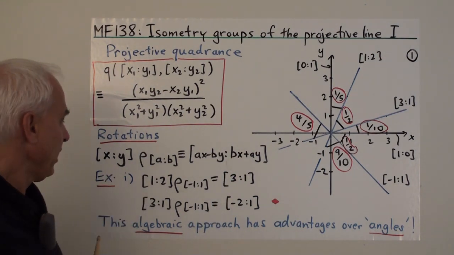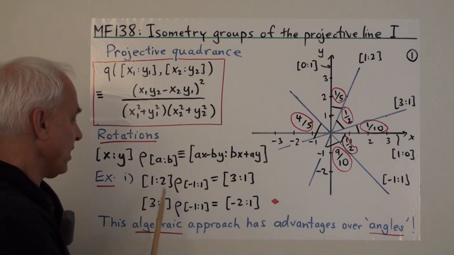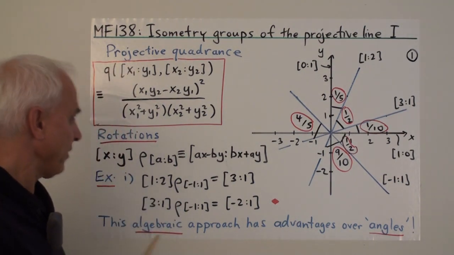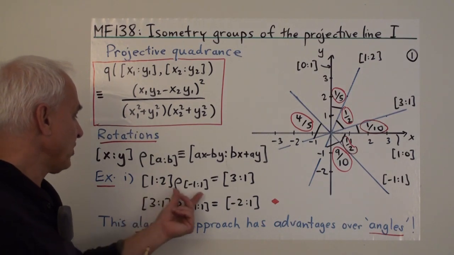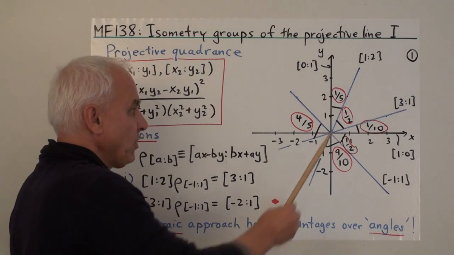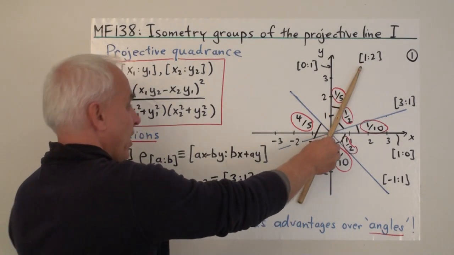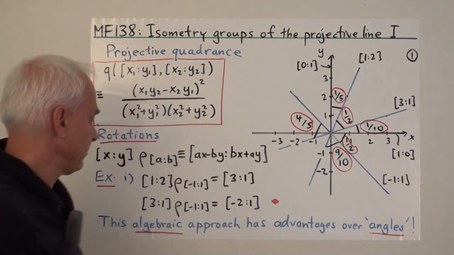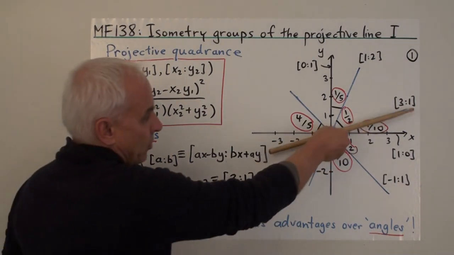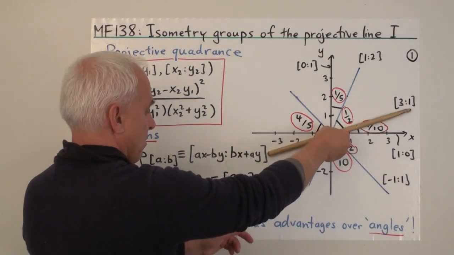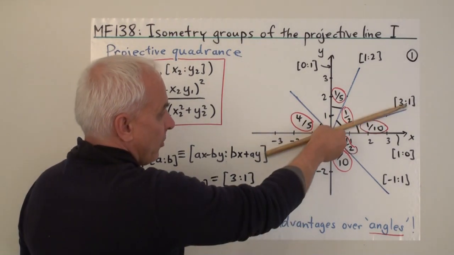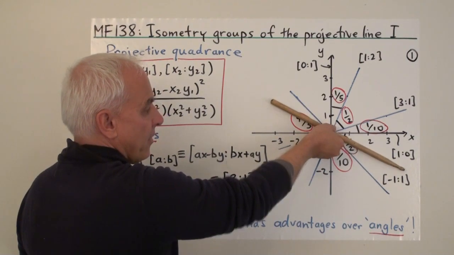For example, if we want to rotate by the minus 1 to 1 rotation, then 1 to 2 times rho minus 1 to 1 is 3 to 1. And so this can be viewed as something that takes this line here and gives us this line here. The same rotation acting on 3 to 1 would send it to minus 2 to 1, which would be over here somewhere. So it would send it to that line there.